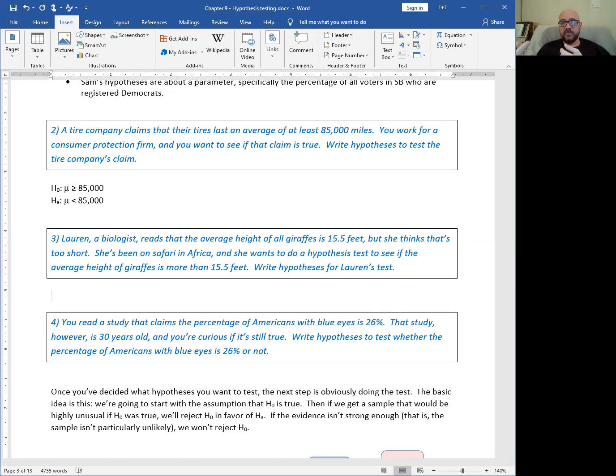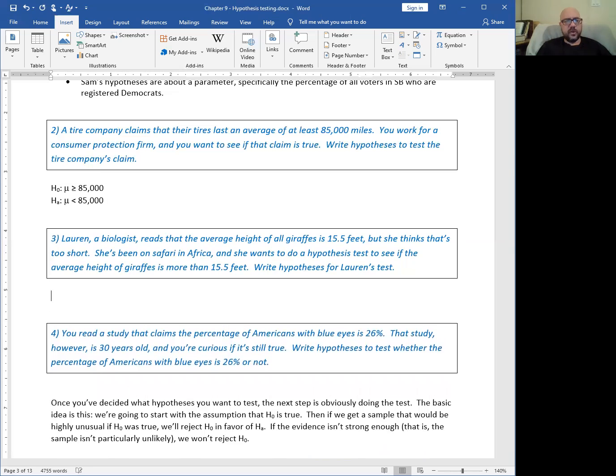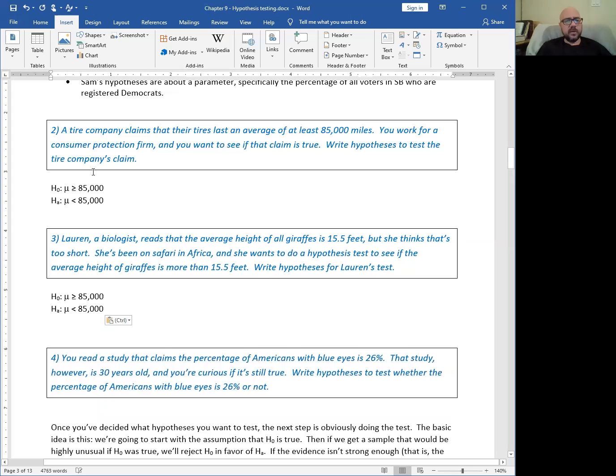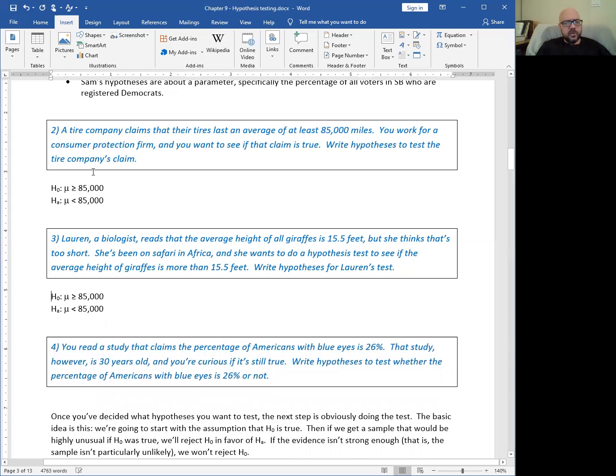So this is still quantitative data, because these are numbers, right? Height is quantitative. So her alternative hypothesis, she thinks that giraffe height is more than 15.5 feet. So that's what we're going to write for the alternative hypothesis.